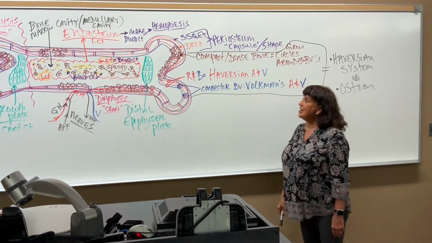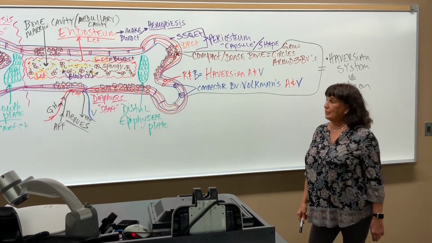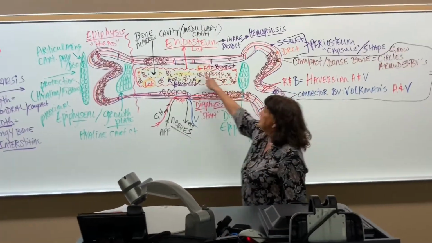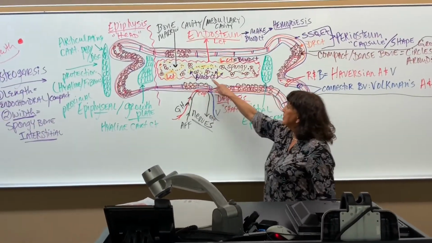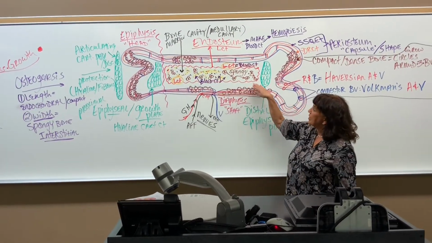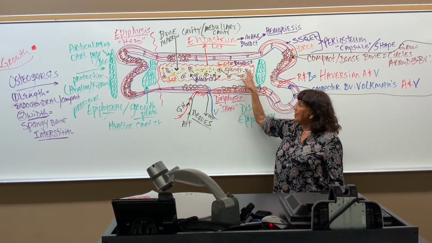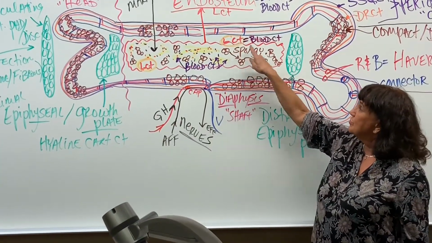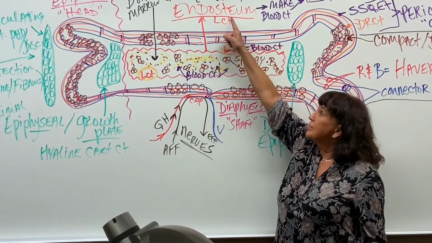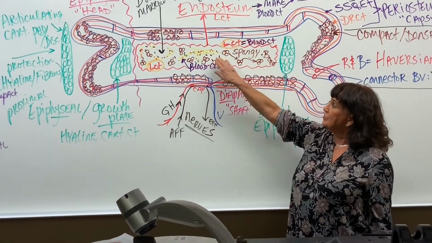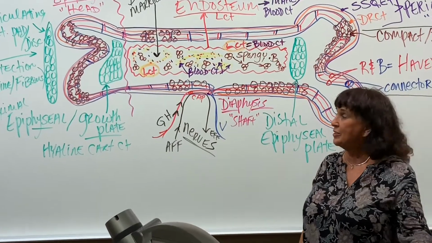All right, then in the middle of the bone, right here, we have a loose CT membrane coming around, and then it goes around the space, like a cavity. It's a space in the middle, and this loose CT is called the endosteum. And what's going to be in here in this space, dead center in the bone?